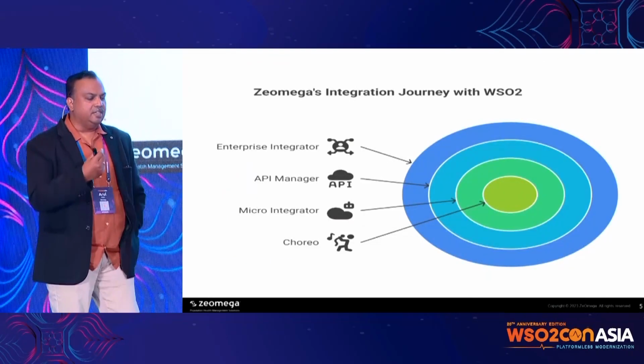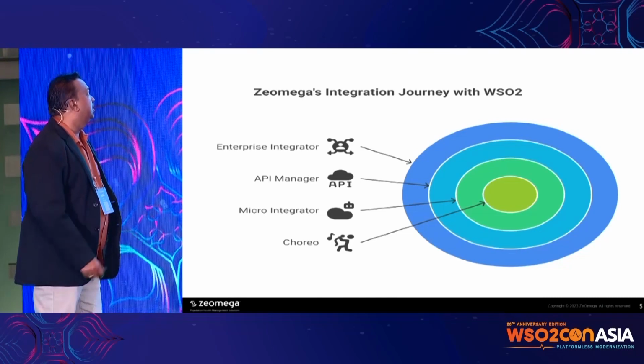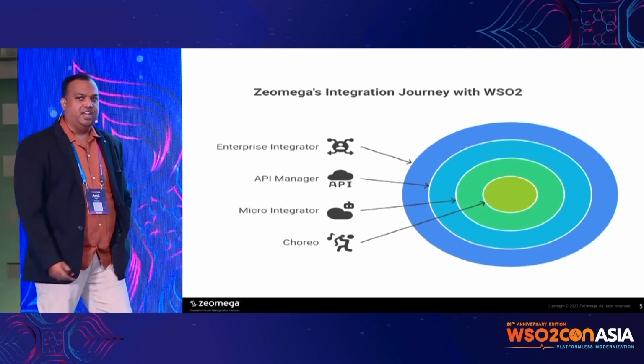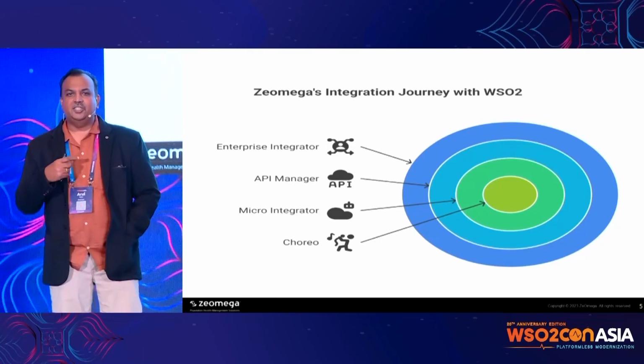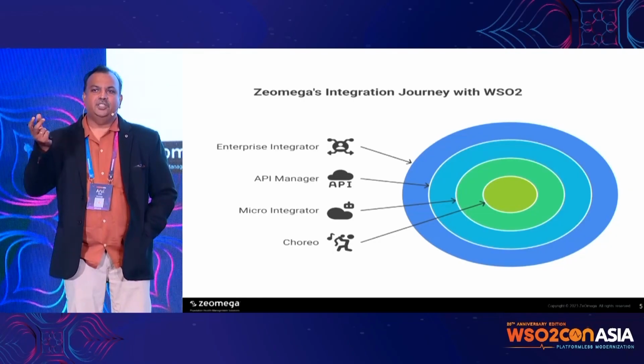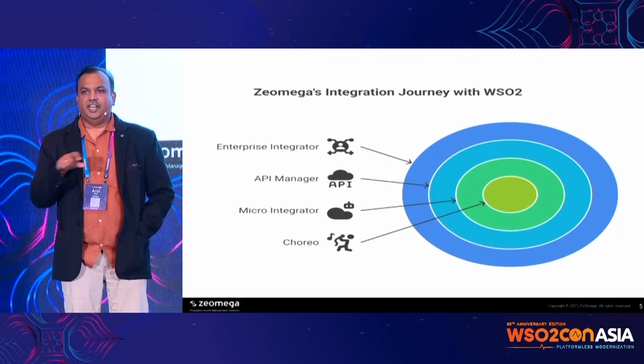So this is the journey with WSO2, as I mentioned. We started adopting WSO2 when we started rolling out the product, when we moved from the legacy systems to the real-time JSON API world, and this is where WSO2 got adopted into our technical stack.